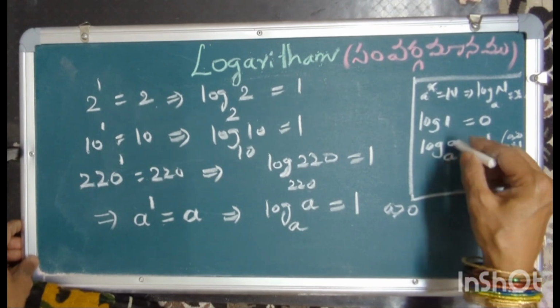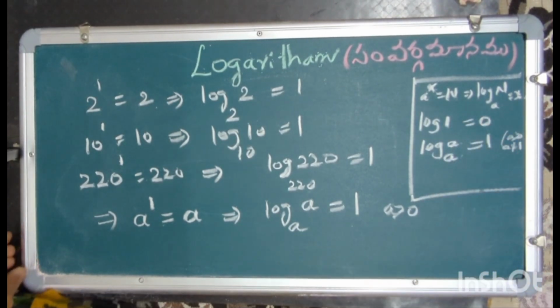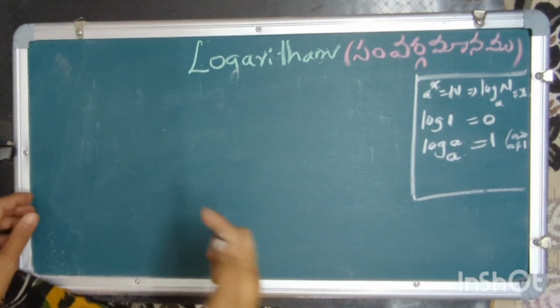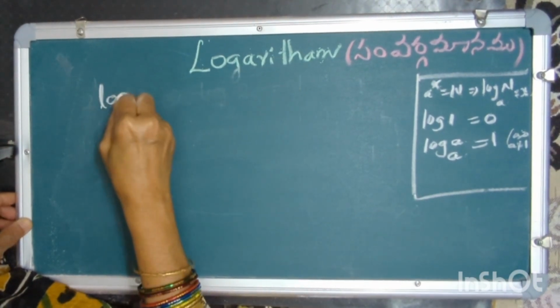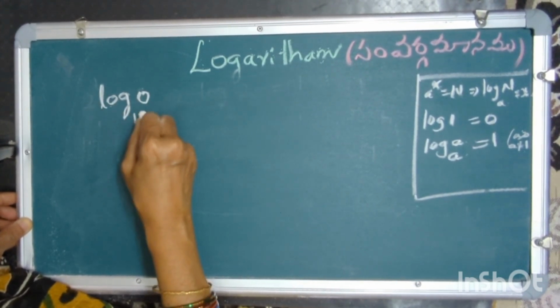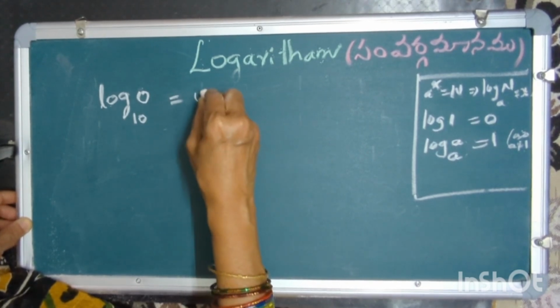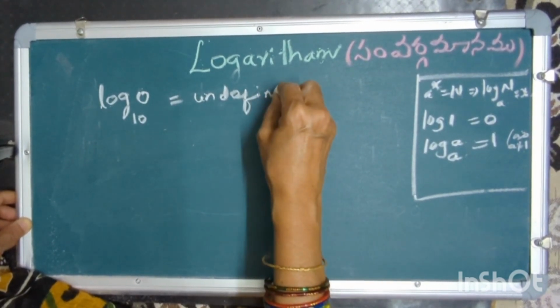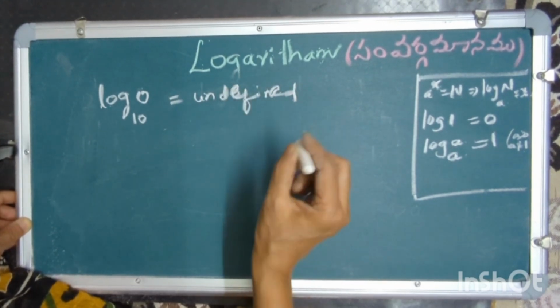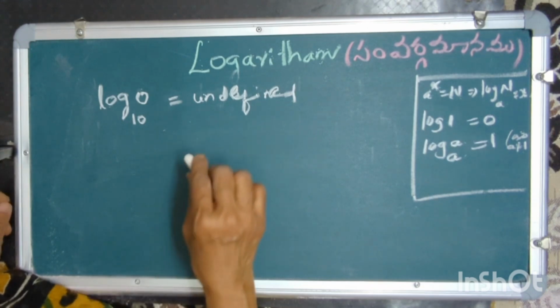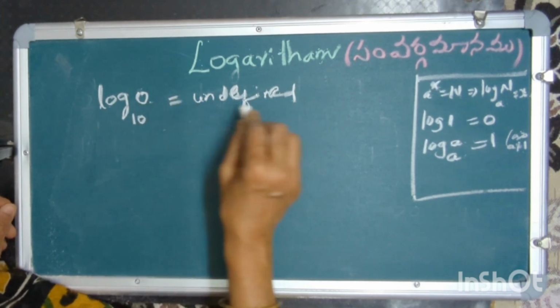If a is equal to 1, then log 1 is equal to 0. Similarly, logarithm of 0 with base 10 or any base is undefined, because anything to the power of this is not equal to 0. So logarithm of 0 is undefined.